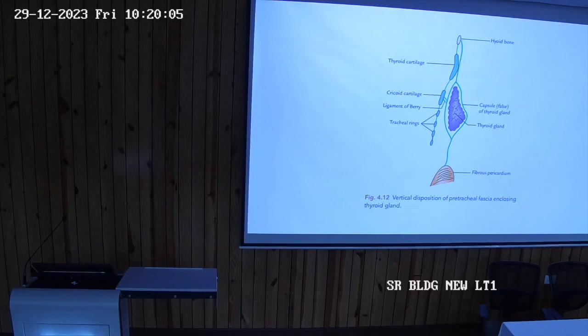So the posterior layer below is attached to the anterior longitudinal ligament. This is a little paradoxical. Okay, anterior longitudinal ligament, and the anterior layer is going and meeting with the buccopharyngeal fascia. Okay, because in front of this was the buccopharyngeal fascia.